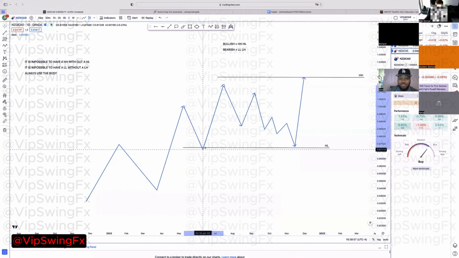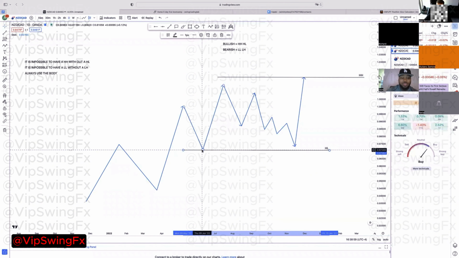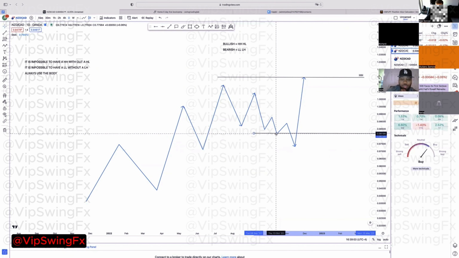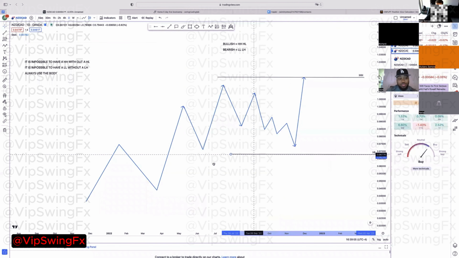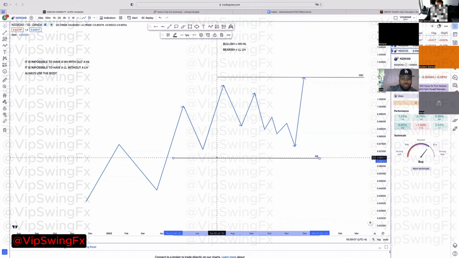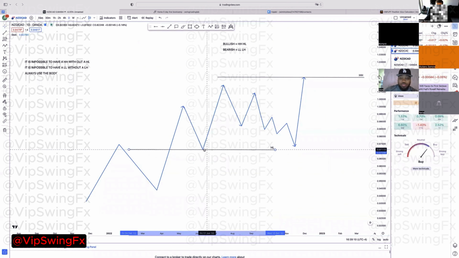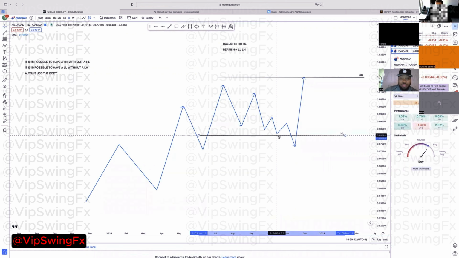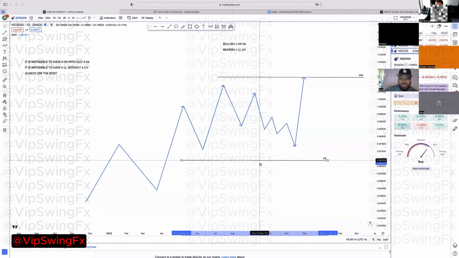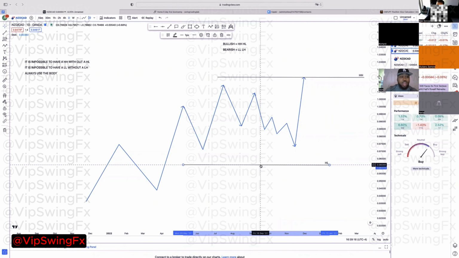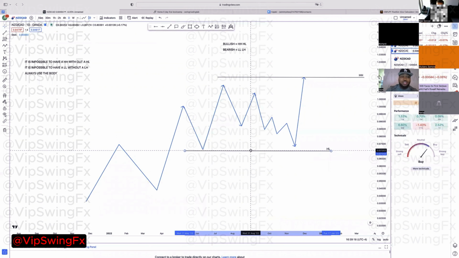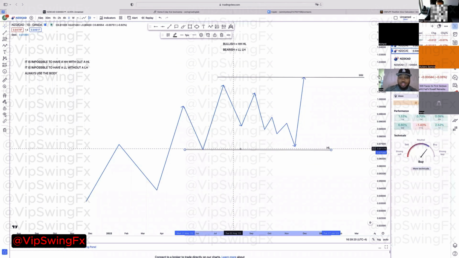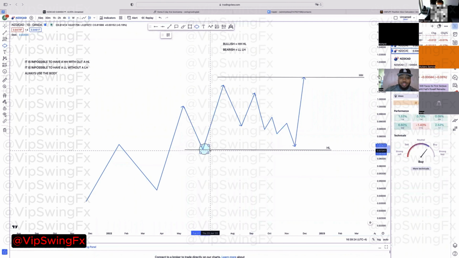Now, does the higher low stay at point 1, 2, or 3? Where does the higher low move to? Or does it stay at point 1? So let me just do this, it's more visual.